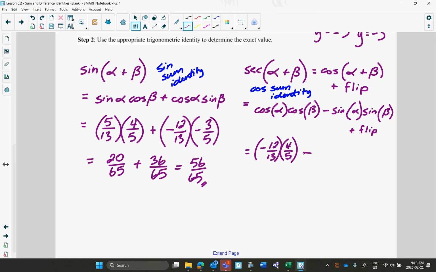Minus sine alpha, which we were given, 5 over 13. Sine beta, which we had to figure out to be negative 3 over 5. And again, just going to remind myself.